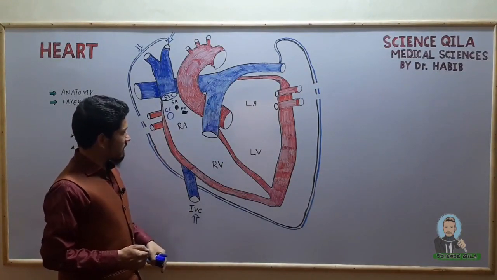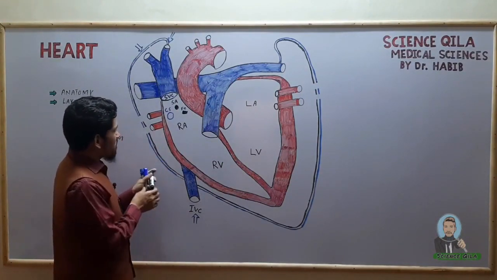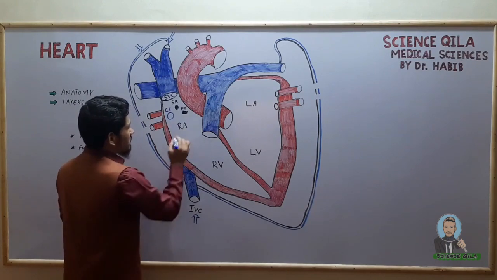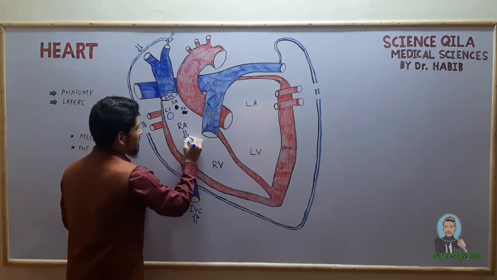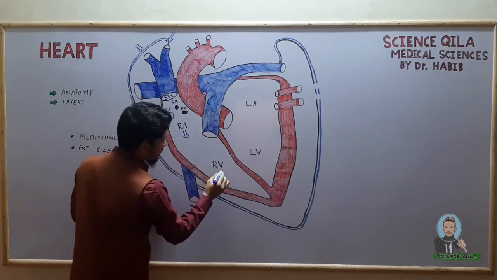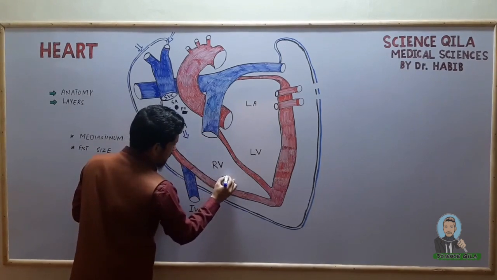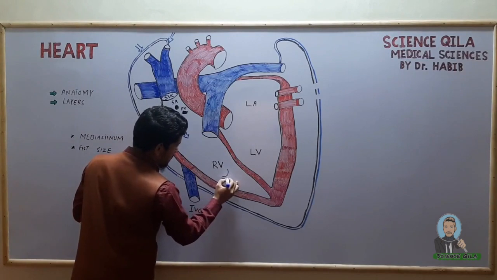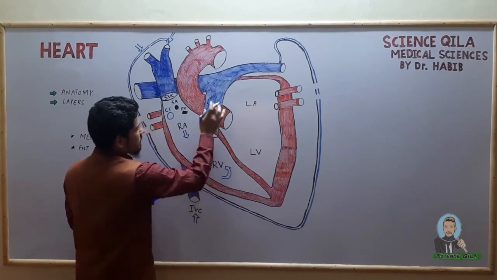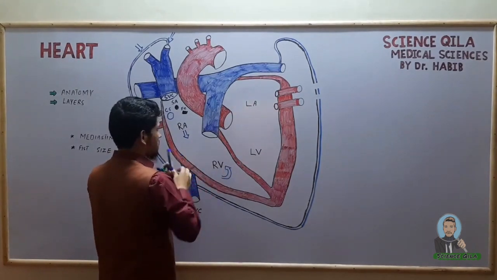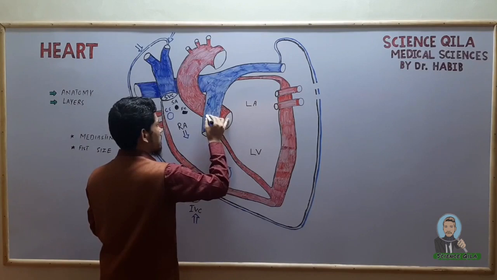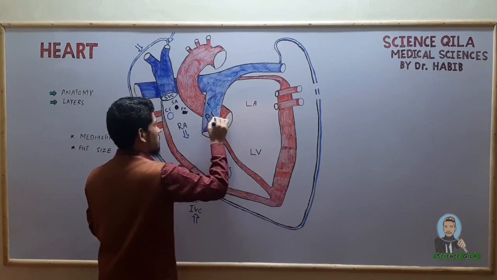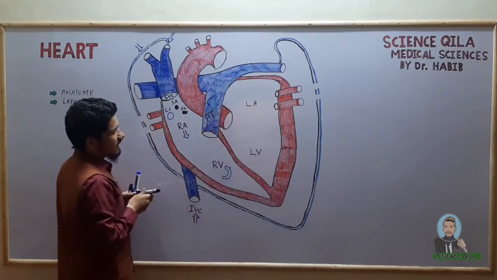Then from the right atrium, this deoxygenated blood, which I have colored blue, will enter into the next chamber of the heart, the right ventricle, and then from the right ventricle, the deoxygenated blood will enter into the pulmonary trunk.